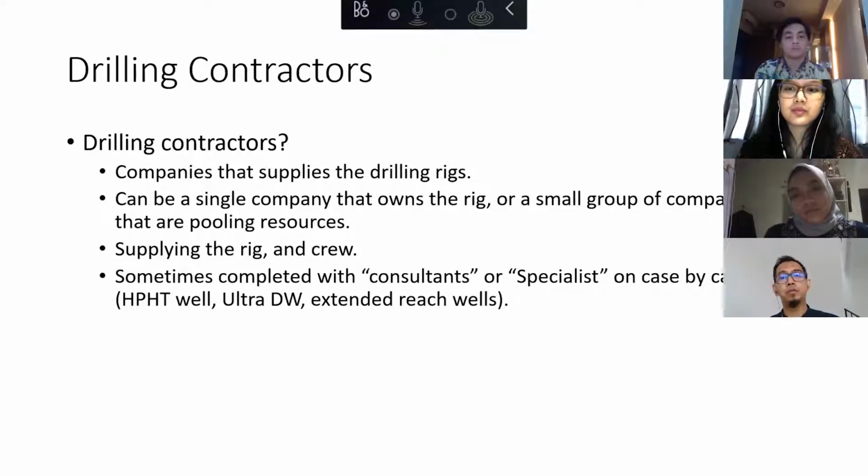They are responsible for supplying the rig and crew, and sometimes it is completed with consultants or specialists case by case, for example in an ultra deep water operation, HPHT operation, extended reach wells, or horizontal wells. These are special criteria where extra care is required in the operation, so they are responsible to provide this. Basically, a drilling contractor is the same as a rig contractor or the rig owner.